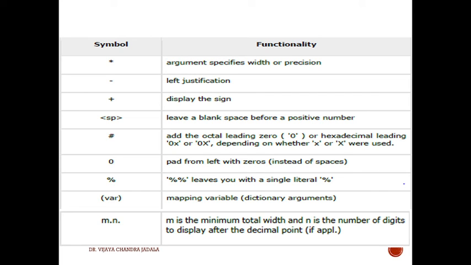Percent, leaves you with a single literal percent. Parentheses var, mapping variable dictionary arguments. m.n, where m is the minimum total width and n is the number of digits to display after the decimal point.